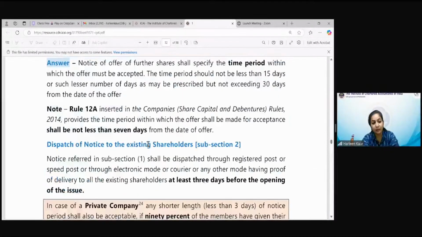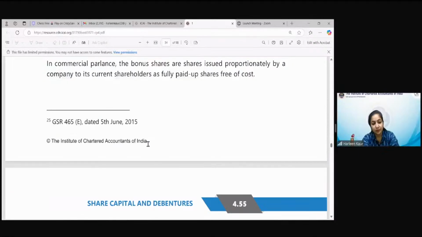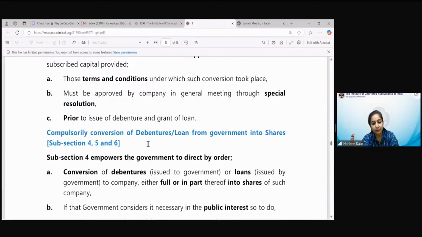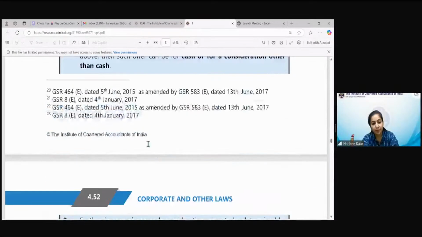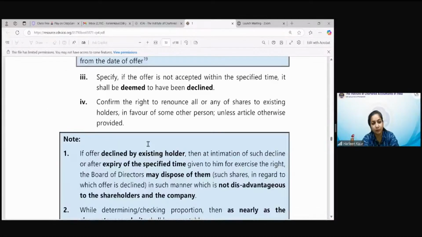Everyone has found it? This is the point it is talking about. Have you found it? Can anyone tell me the page number so that I can show it to others also?